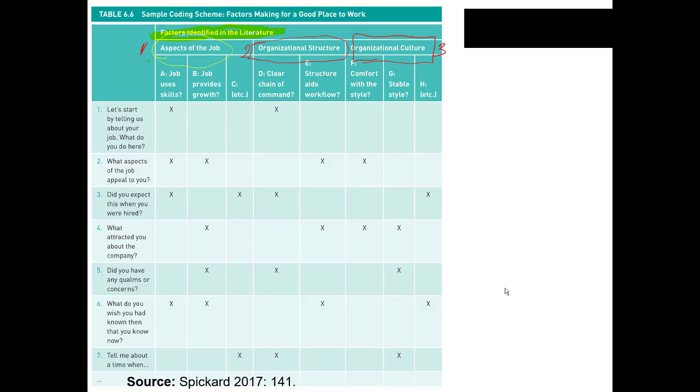And so once these themes and sub-themes have been identified, each of these becomes a code, so these are codes, and then these sub-themes become kind of subcodes under that.